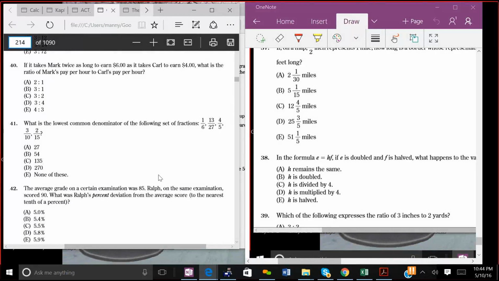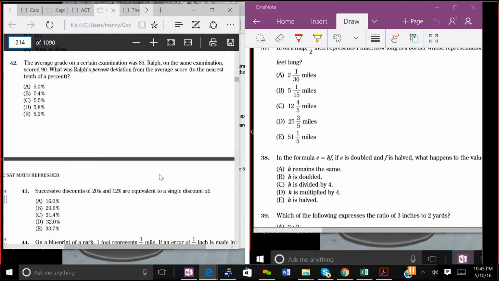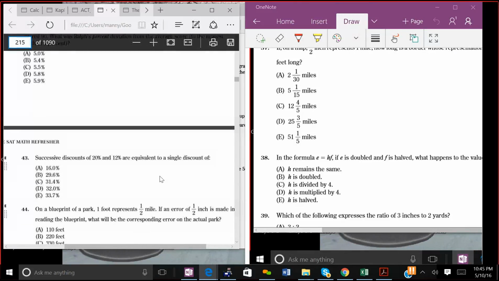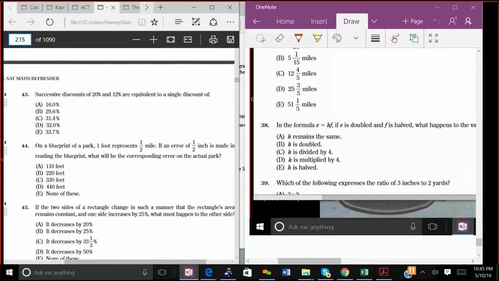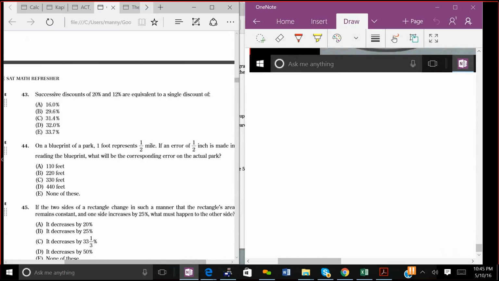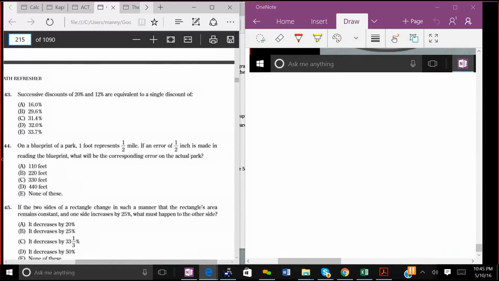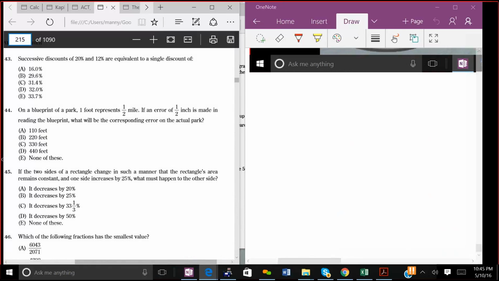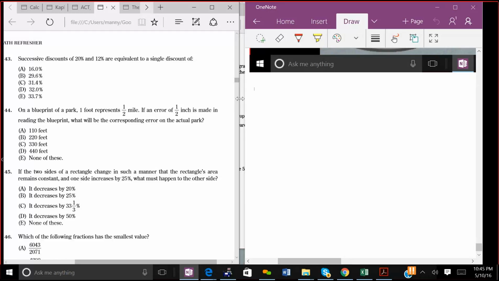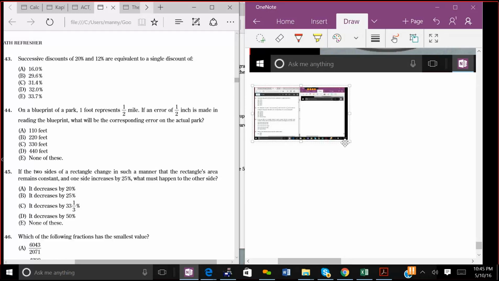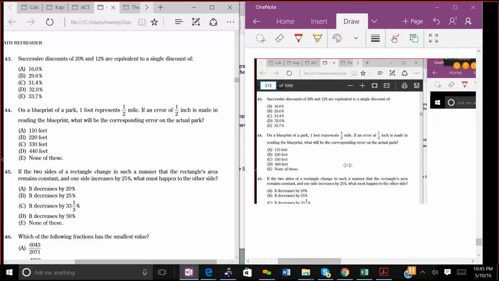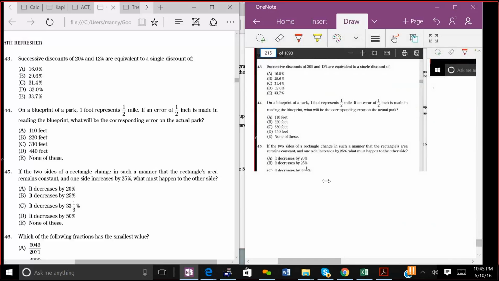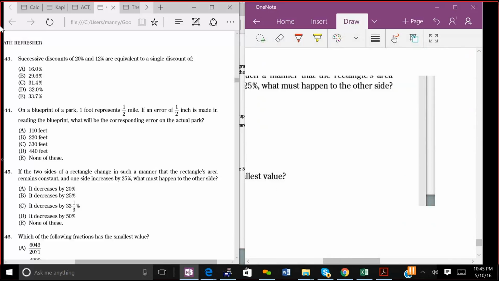The next important question would be 43. A successive discount of 20%, and then 12% are equivalent to a single discount of what?